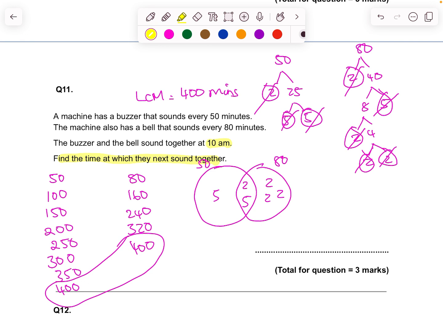So 400 minutes is 6 hours. So let me write it down here. 400 minutes is 6 hours and 40 minutes.